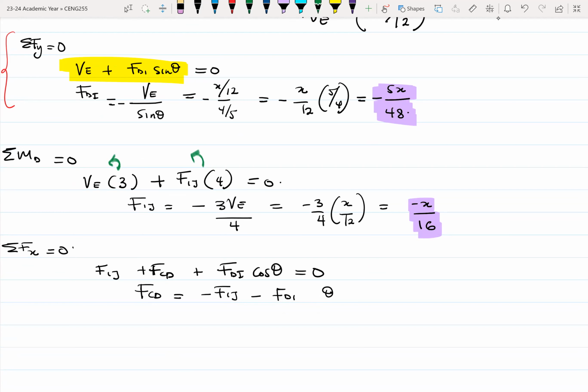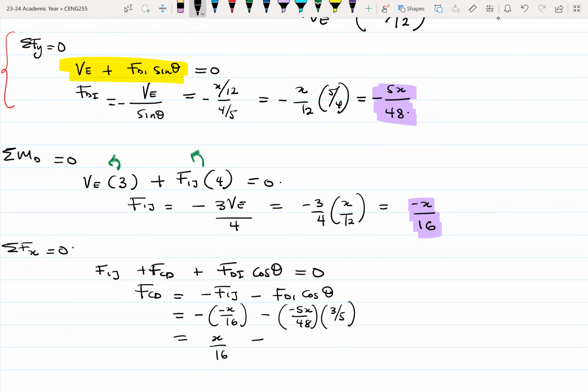So this is minus FIJ, which is minus x, so it becomes minus x over 16. Then minus into bracket minus 5x over 48. Cos theta, I think it was 3 over 5. So this becomes x over 16. Now let's look at this calculation.